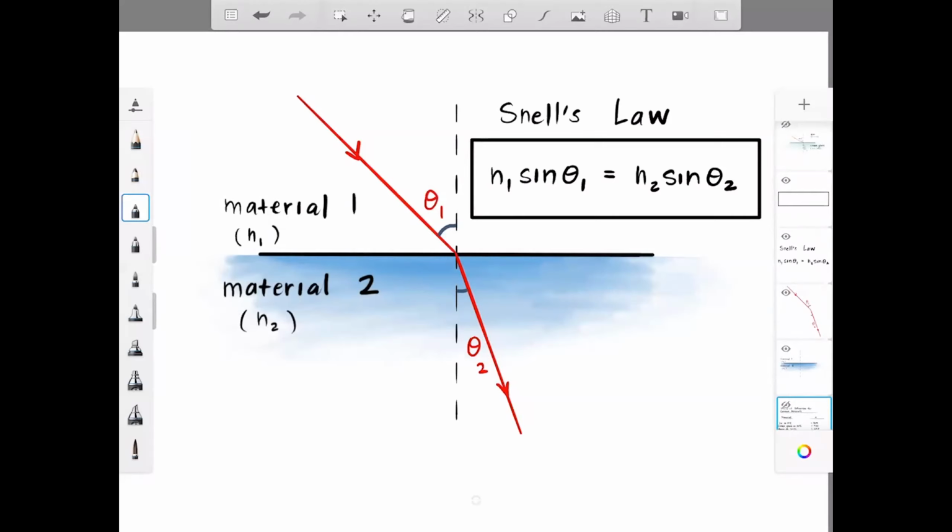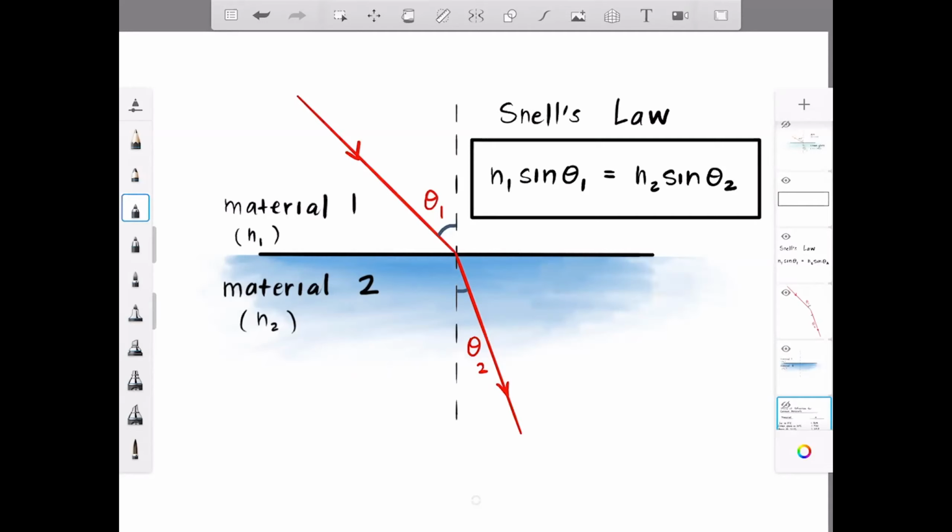So using this formula, using Snell's law, if you knew what the angle of incidence was, and if you knew the two indices of refraction, you could determine what is going to be the second angle. Another thing that you could determine is, okay, let's say we only know one index of refraction, but we know both angles. You could figure out the other index of refraction.